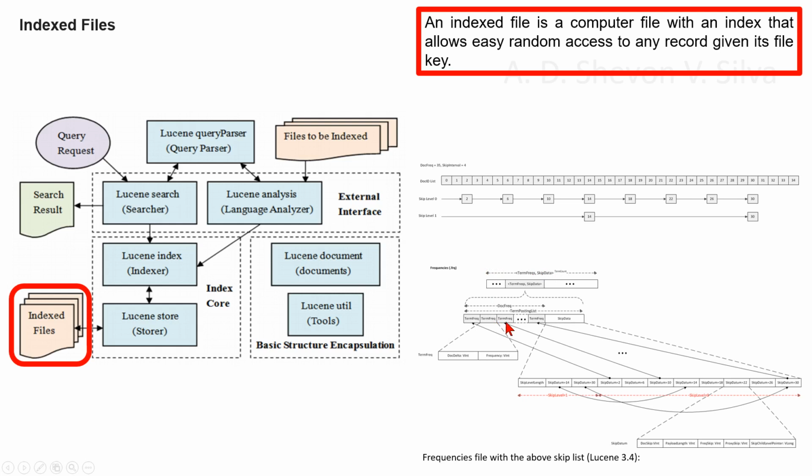Skip level 1 has 2 skip data entries, equal to 35 divided by 4 to the power 1 plus 1, containing the 15th and 31st document numbers in the term freq.